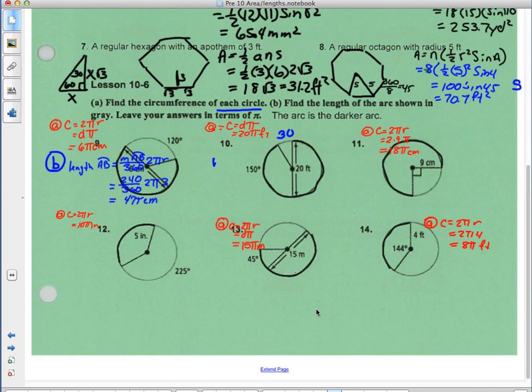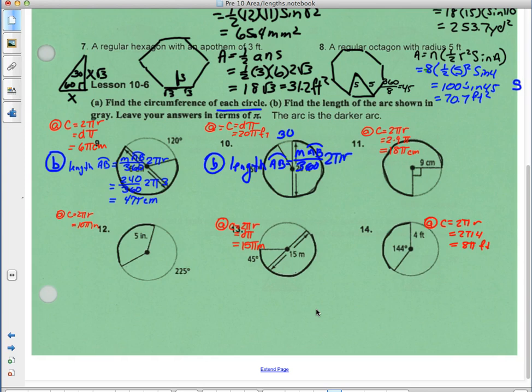So again, my B value, I'm going the length of arc AB is equal to the measure of arc AB over 360, and that's going to be with my 2 pi r.